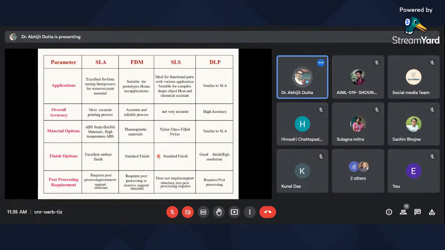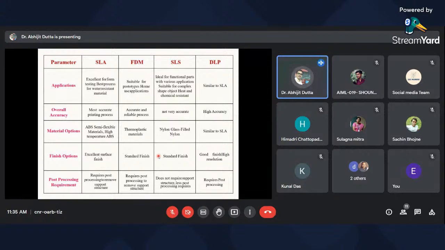Next is the comparison among these four different types of 3D printing processes. These are the applications where SLA, FDM, SLS, and DLP predominate. For accuracy, you can see SLA and DLP are very accurate.